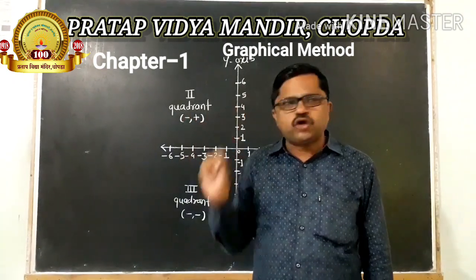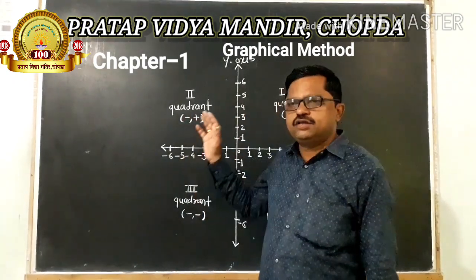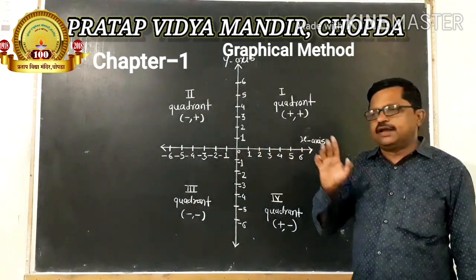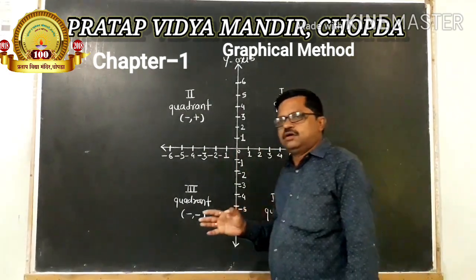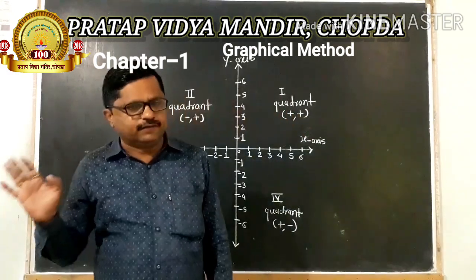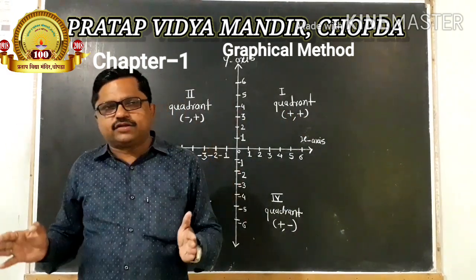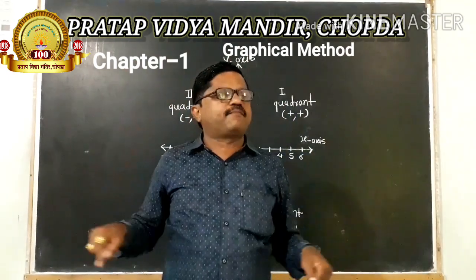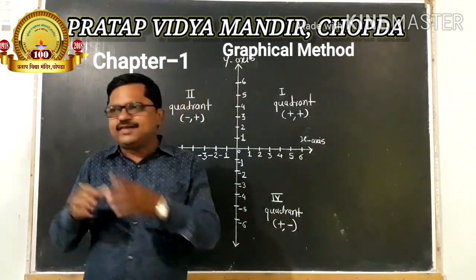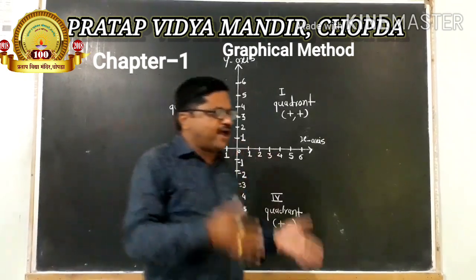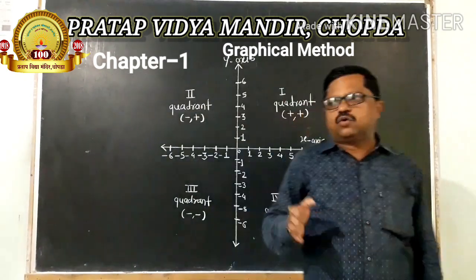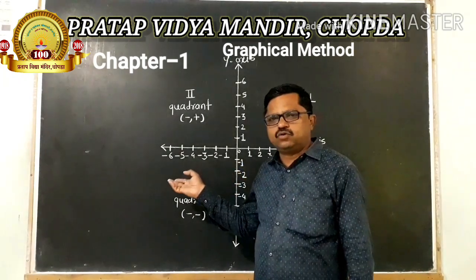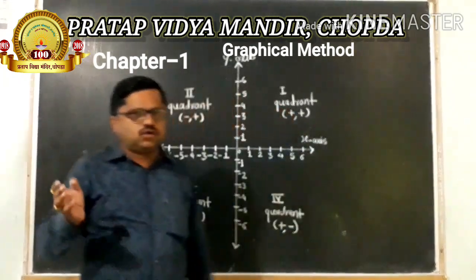If you know this, then by using this graph you can solve linear equations by the graphical method. You must understand the structure of a graph paper, what the x coordinate and y coordinate are, and we have to study that in this topic. Now, dear friends, look on the board.